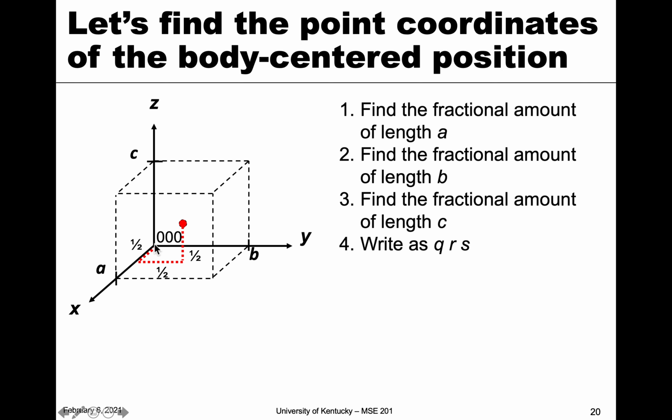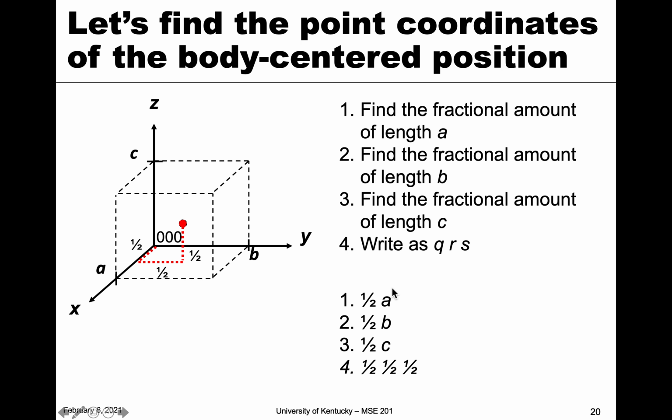This is right in the center of the cube, and therefore in the x direction, it's going to be half of the length a. So the fractional amount there is 1/2 a. And then since it's in the center, that's halfway along this direction, which is b. So it's 1/2 b. And then it's halfway along the vertical direction in the unit cell, which is the z-axis, where the length is c.